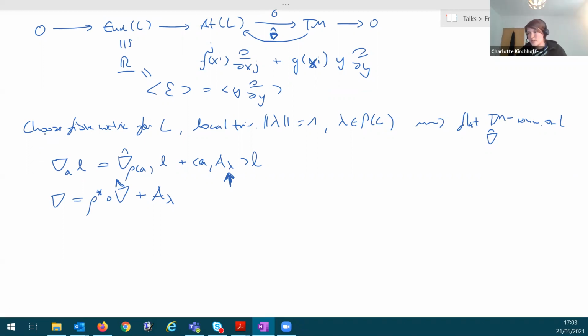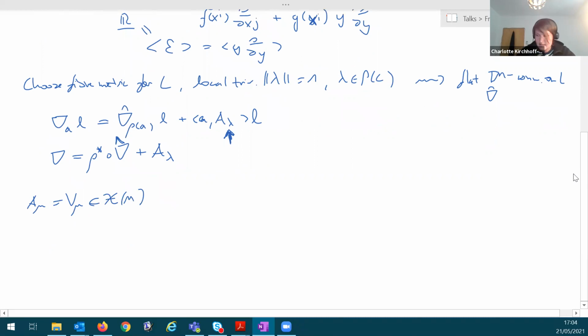But now we want to specialize to the case again where it's actually Poisson. In that case, remember we had that the characteristic section is actually a vector field. And now we can use the construction we just made to define the following.